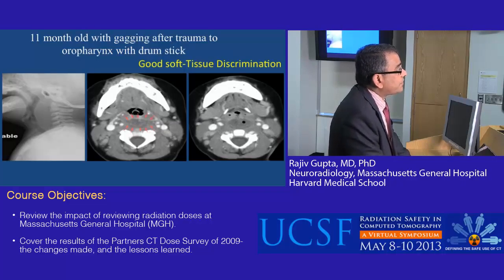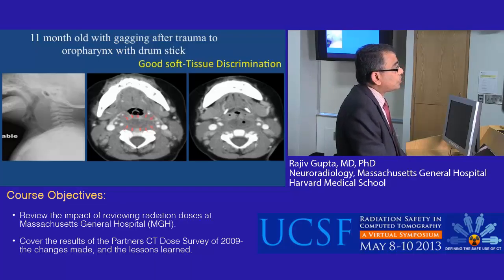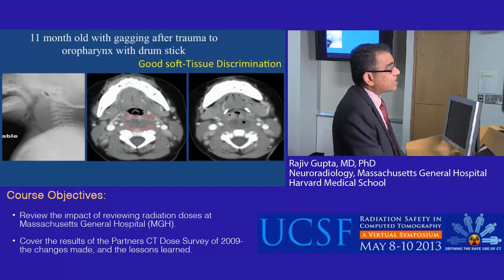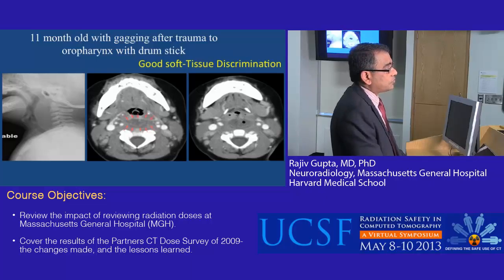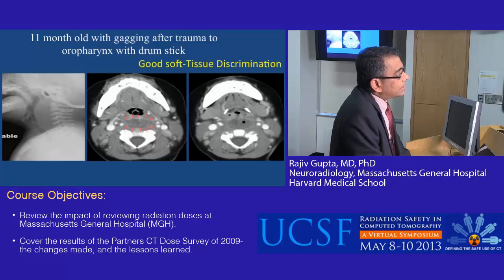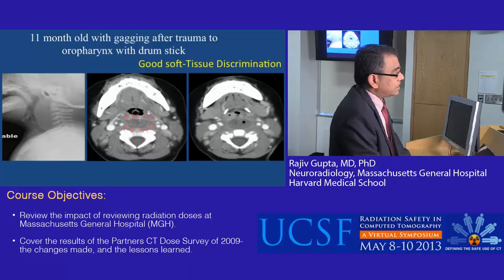Here's a case of an 11-month-old who had trauma to the oropharynx, and you can see that there's a large retropharyngeal process on this lateral view of the oropharynx and nasopharynx. When a CT scan was performed, you can see that there is a subtle change within the soft tissue density in the retropharyngeal area, which is marked by these arrows.